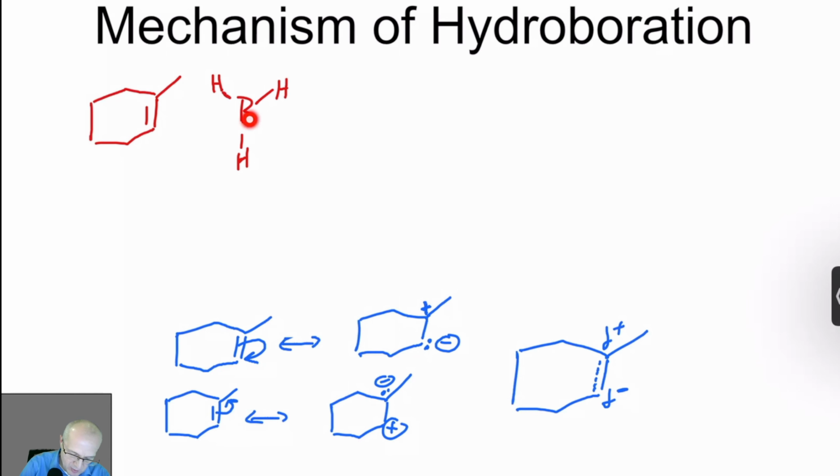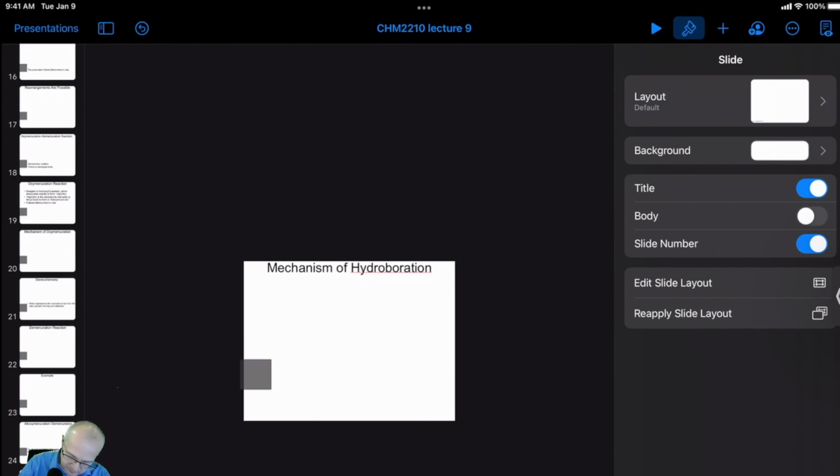So that means when this boron approaches this molecule, it will approach it with the boron closer to here and the hydrogens closer to there. So let's draw that. So here we go. As we've already seen, delta negative, delta positive.